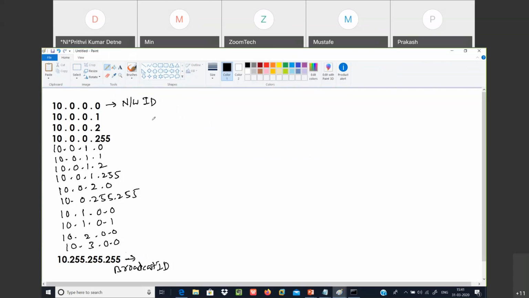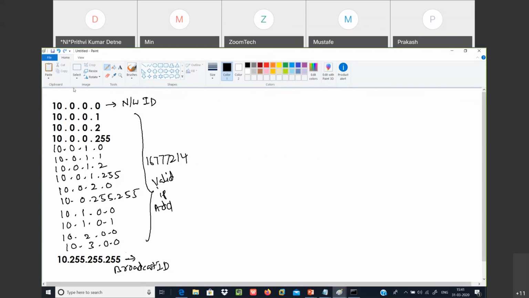Between the network ID and broadcast ID, all IP addresses we call valid IP addresses. How many valid IPs are available between them? 16,777,214 IP addresses, which is 2^24 minus 2.